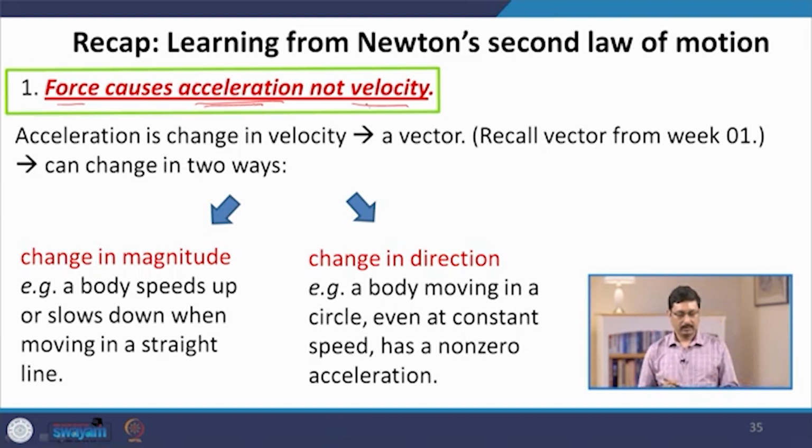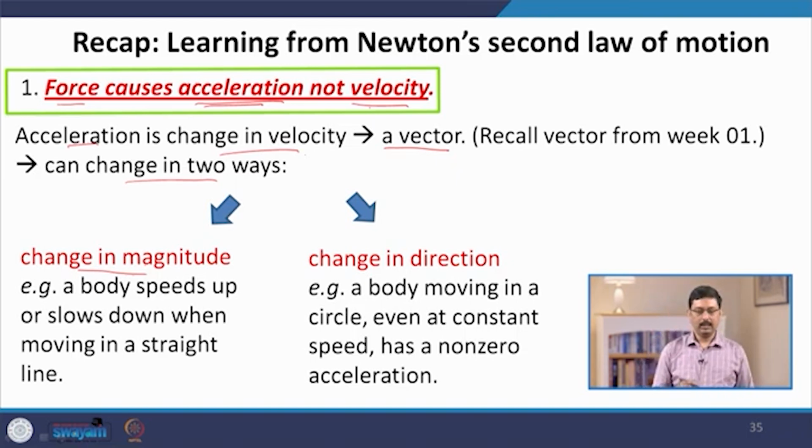Here is one point I want to highlight, which is again a common misconception among students. Acceleration is a change in velocity, and velocity is a vector. A vector has both magnitude and direction, which means it can change in two ways. The first way is that the velocity changes in magnitude keeping the direction fixed.